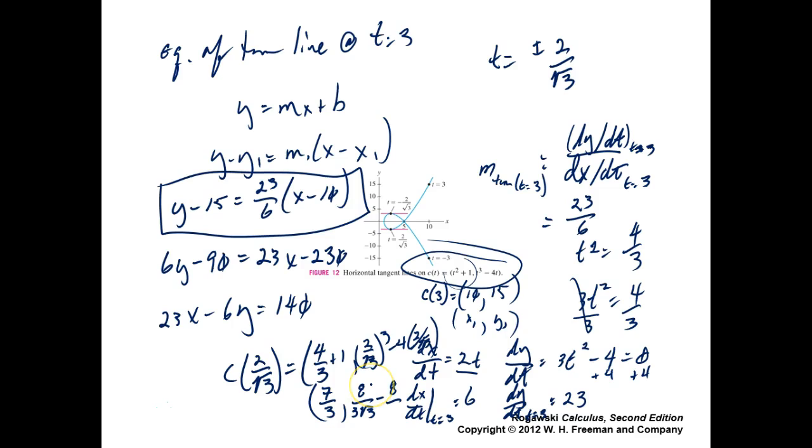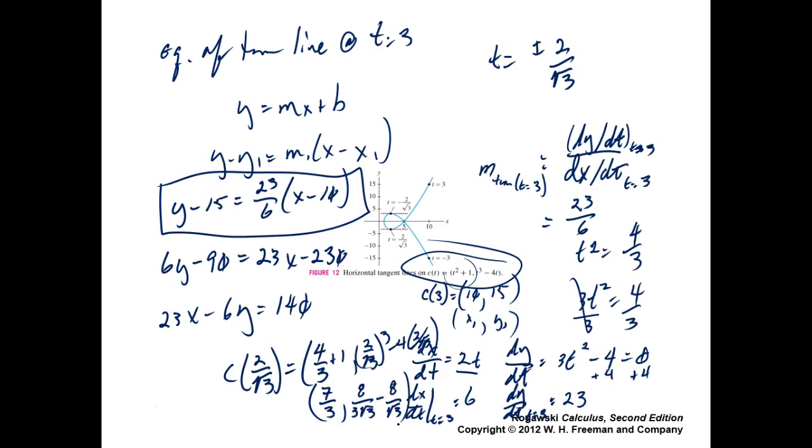Yeah, well, wait. Okay, what have I done wrong here? Two over root 3 cubed. Oh yeah, 8 over root 3. I did it right. Okay. I thought it was the same.